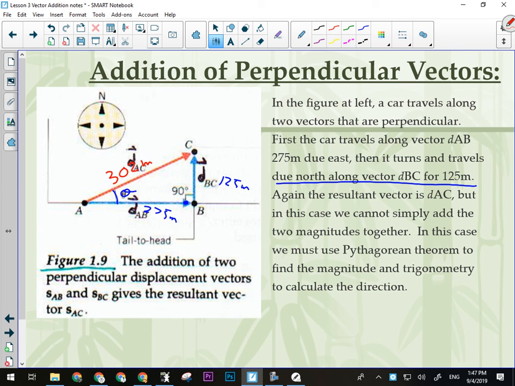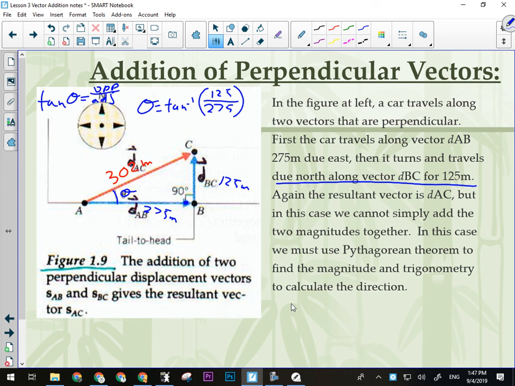in a number wrong. So what I would do is say, all right, I'm going to calculate theta, okay, and that's going to be, sorry, the tan of theta is going to be the opposite side divided by the adjacent side. Okay, so for me, that's going to mean theta will be tan to the minus 1 of 125, the opposite side, divided by the adjacent side, 275.